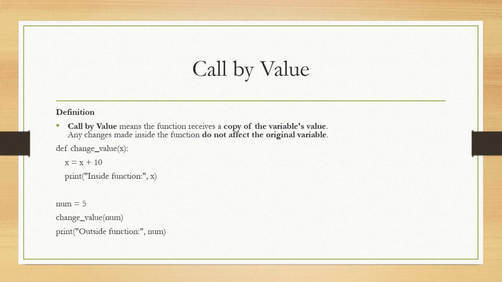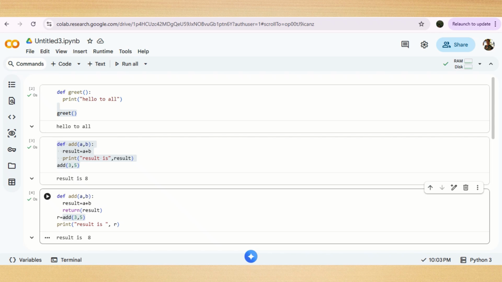Afterwards, coming to the main function, here we print outside the function, and the num value is not changed. What we have passed, that only is printed here. So it is call by value; only the copy of the variable is passed so that it does not affect the original value. So we will have the example in the Colab.